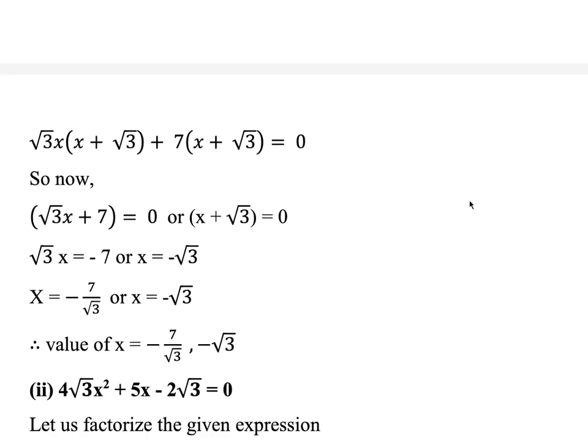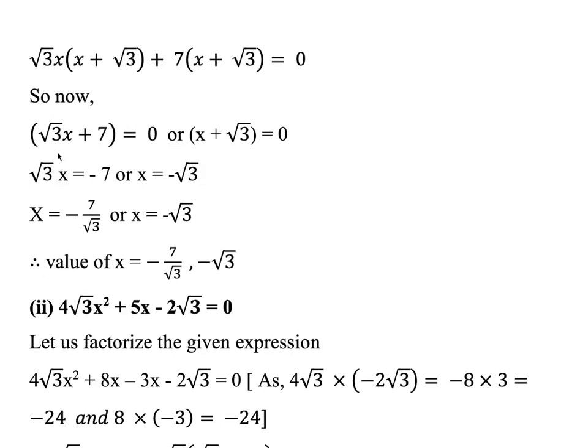Okay. So let's do the first term, and you will get here (root 3 x plus 7) into (x plus root 3) is equal to 0.